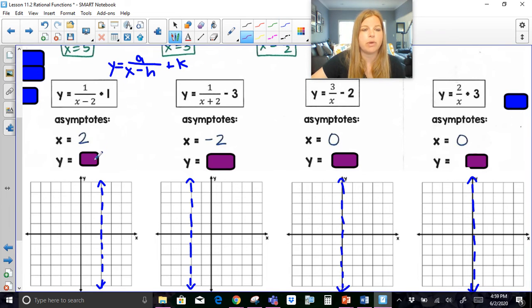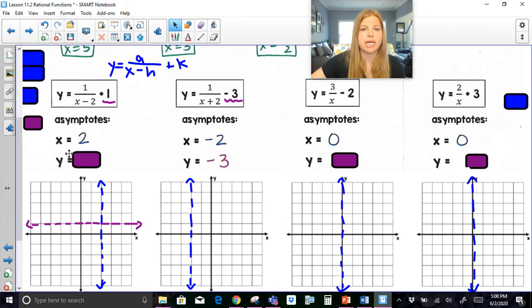Now let's look at the y value. The y-asymptote is your horizontal, and that's just the k value here at the end. So if you see plus 1, that means the y value is 1. Here's where y is at 1. Next one, negative 3.